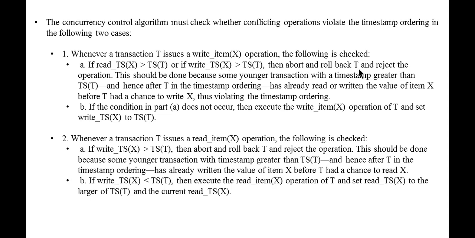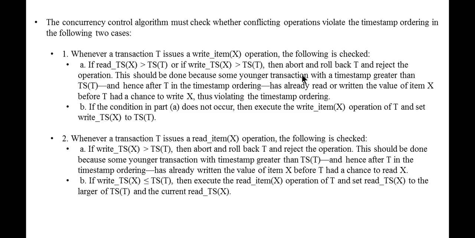Now you need to remember T is the requesting transaction. So the timestamp of T, the requesting transaction, is less than the read timestamp or write timestamp of X. That means the value of X is already read or written by some other transaction younger than T. That's why the ordering is violated.